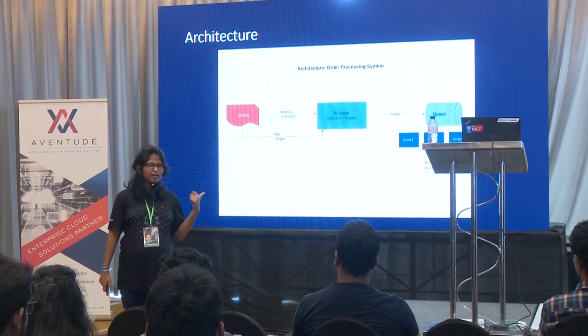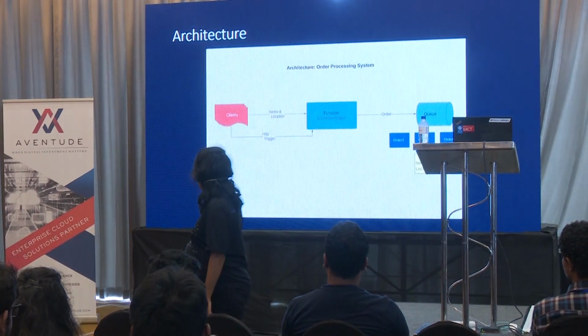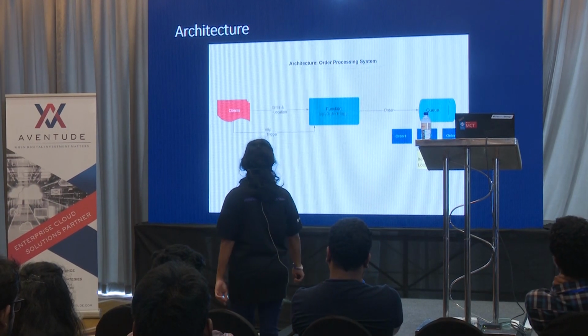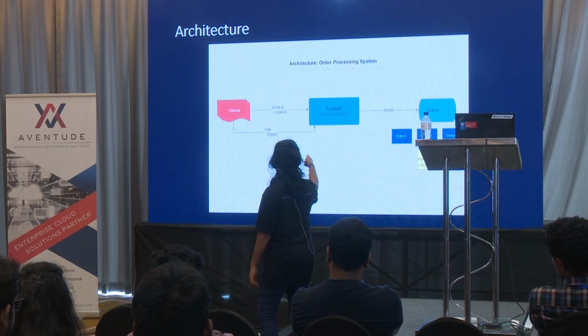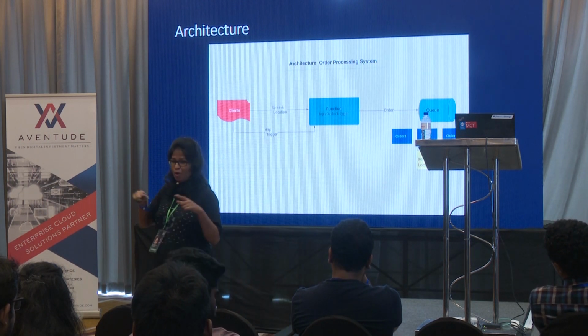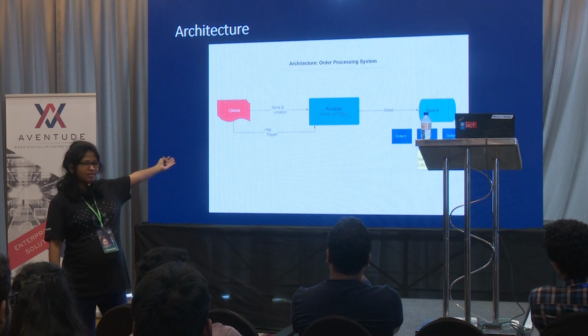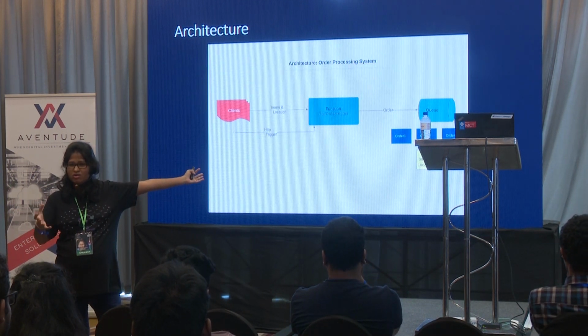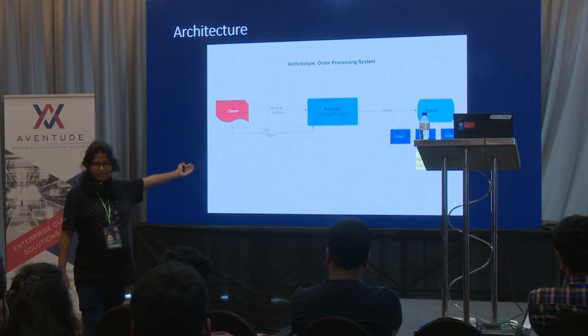This is the kind of architecture I have drawn for this system. Let's say this is the function. The blue box shows the function, the method you are writing, hosted in Azure.